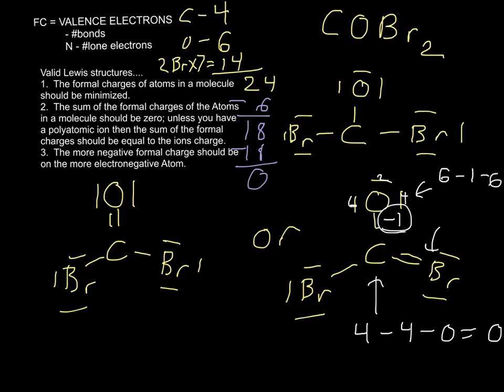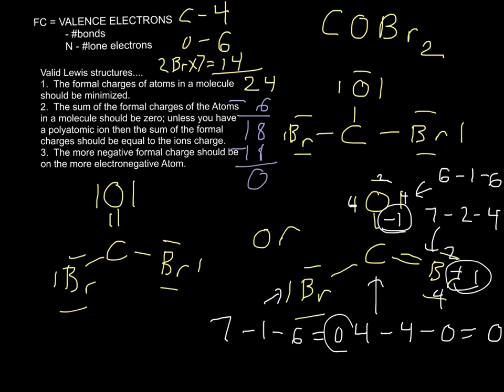This bromine here has 7 valence electrons, it's participating in 2 bonds, and it has 4 lone pairs of electrons, 2, 4, so its formal charge is +1. This bromine's bonding is different, so we're going to have to do its own formal charge as well. 7 valence electrons, 1 bond, 6 lonely electrons, so it has a formal charge of 0.